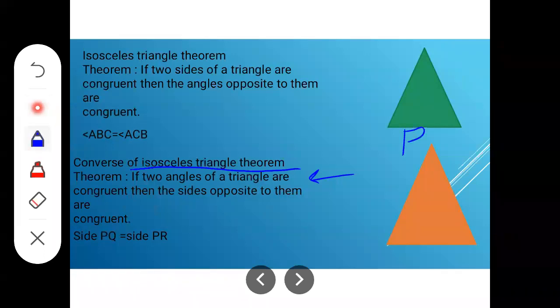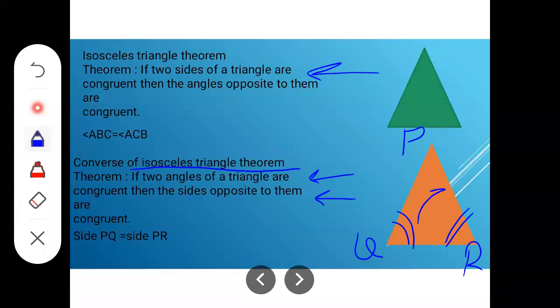Suppose this triangle is triangle PQR. In this triangle, as it is also an isosceles triangle, two of the sides are congruent. As this is the converse of the isosceles triangle theorem, if two angles of the given isosceles triangle are congruent, then the sides opposite to them are congruent.